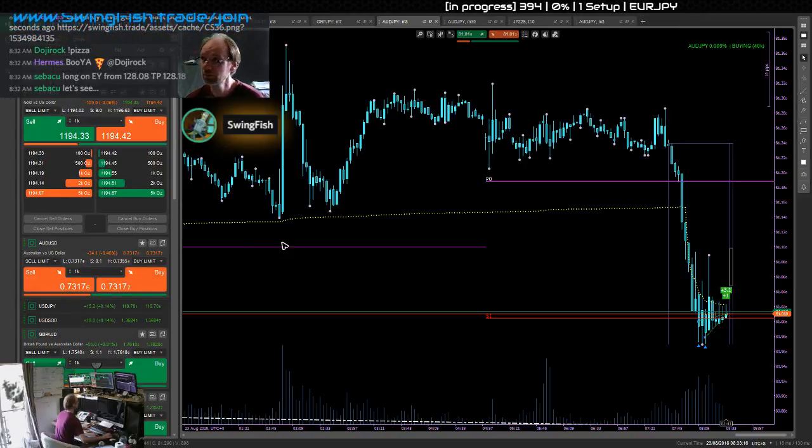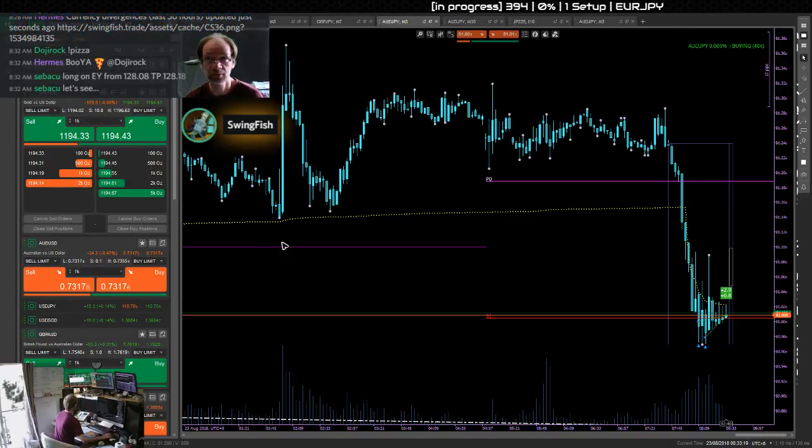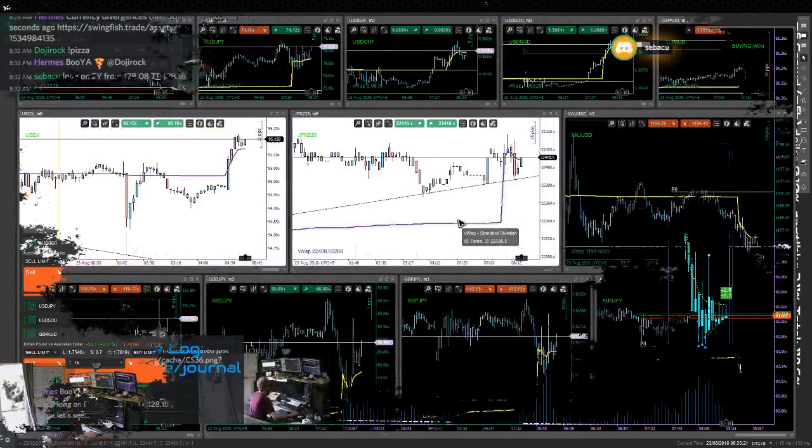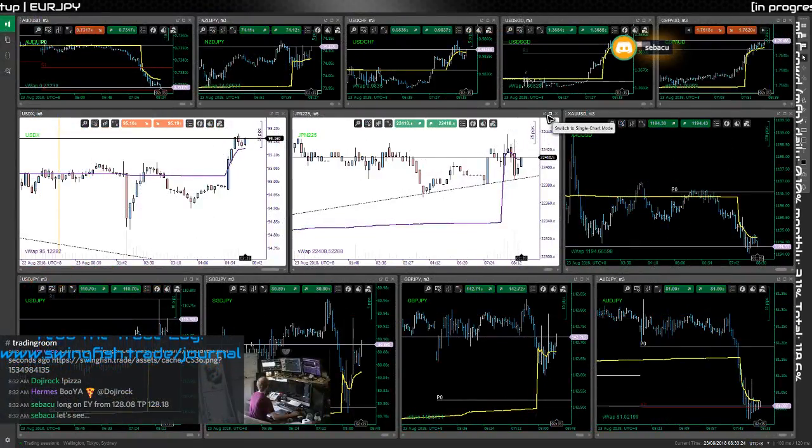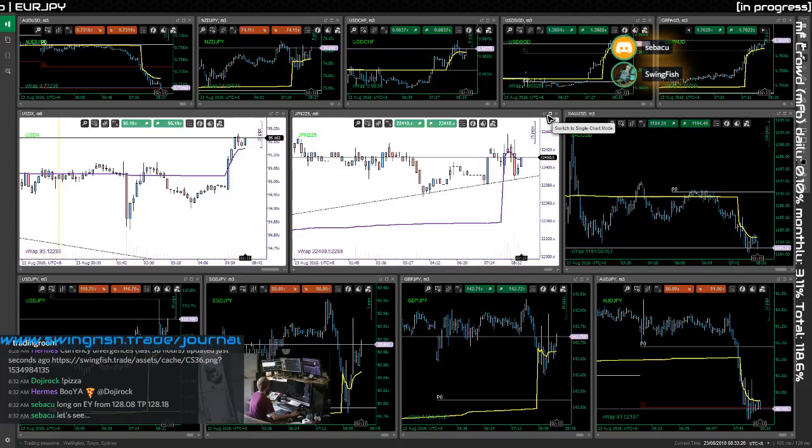Swiss yen going up too. Very, very strange. But these are not normal market movements. No, this is not normal.